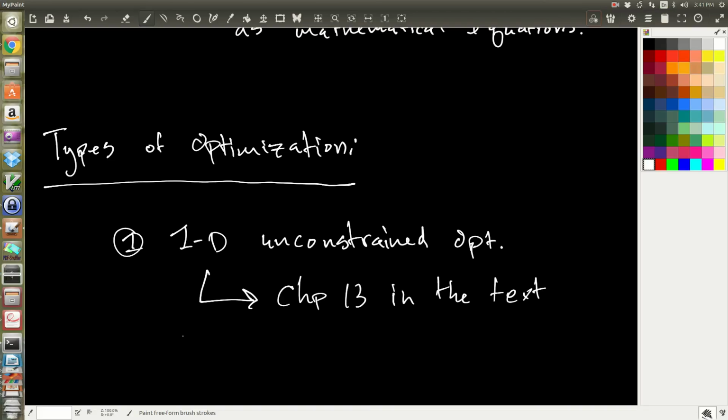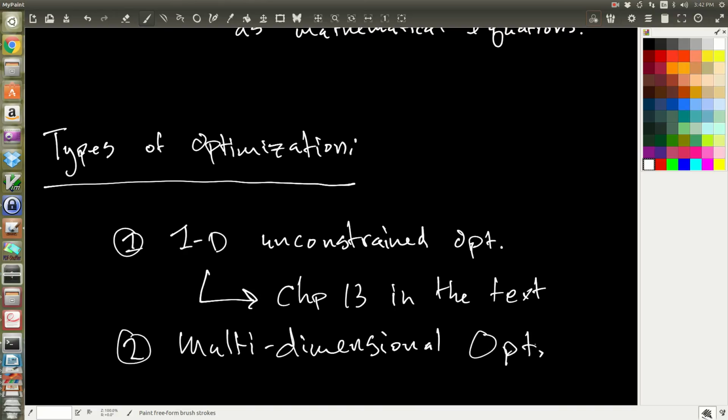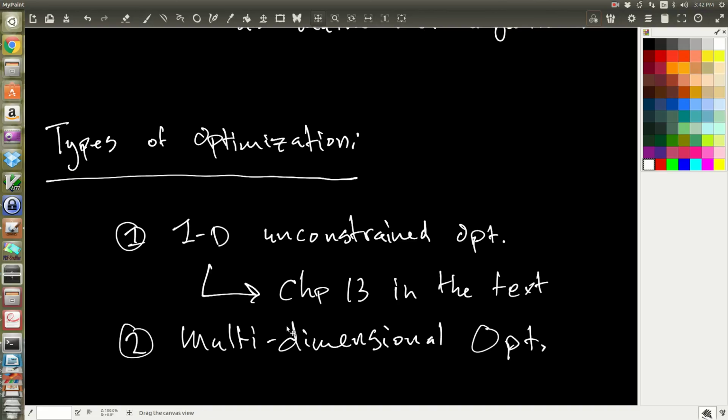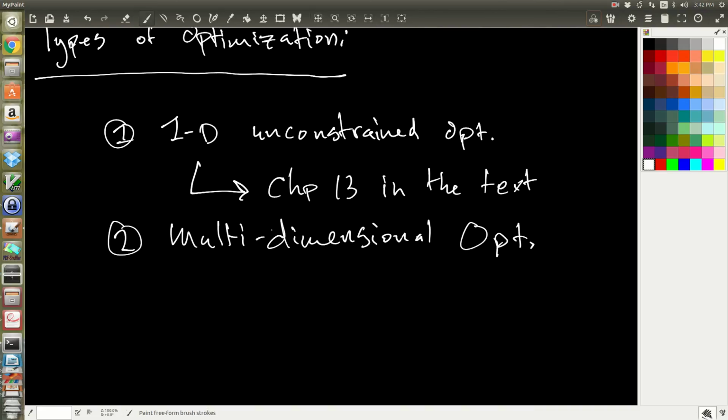And then we'll also talk about multi-dimensional optimization. So now we're talking about functions of several variables. So our objective function maybe isn't just a function of x, but x, y, z, and other things. Okay.